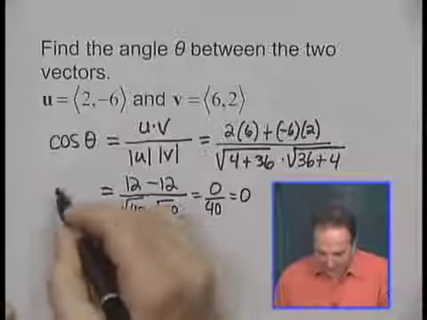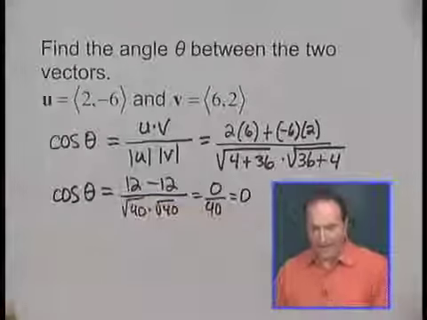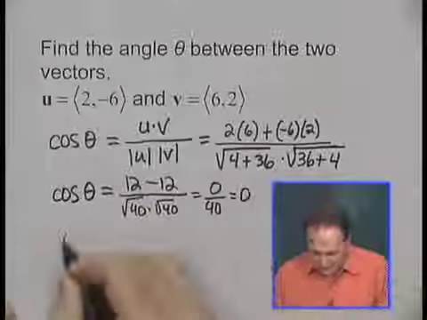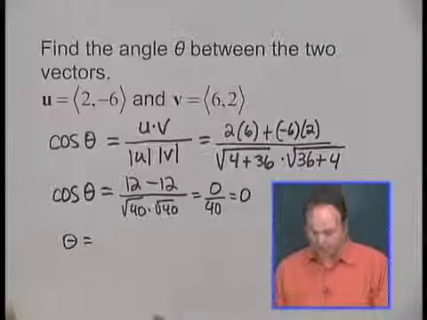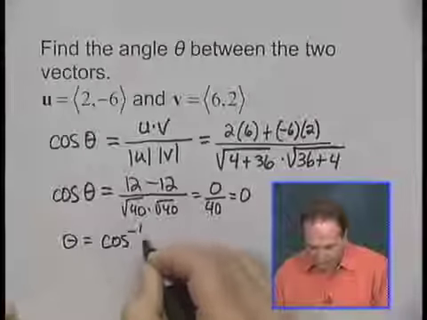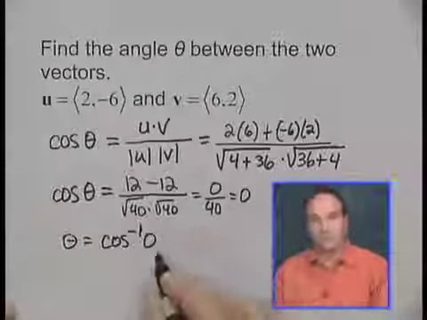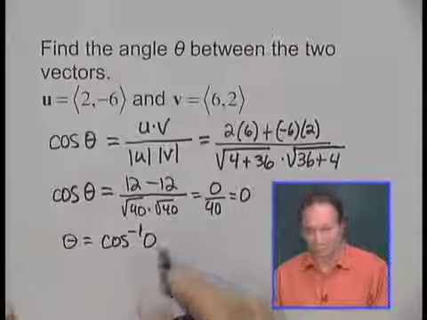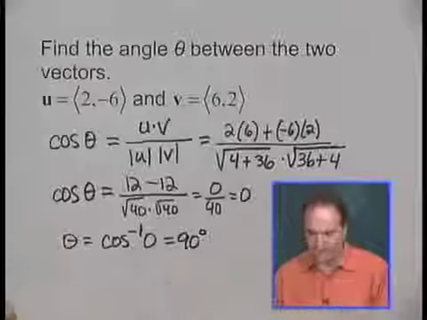And so we have the cosine of angle theta is equal to 0. And that means theta is the cosine inverse of 0. That is to say, the angle whose cosine is 0, and that's 90 degrees.